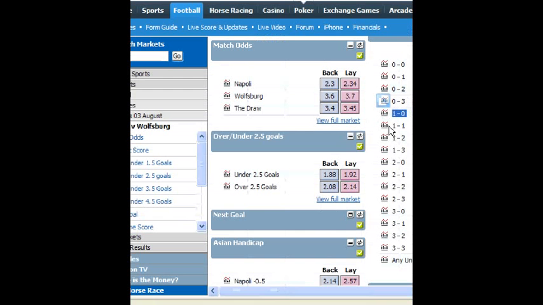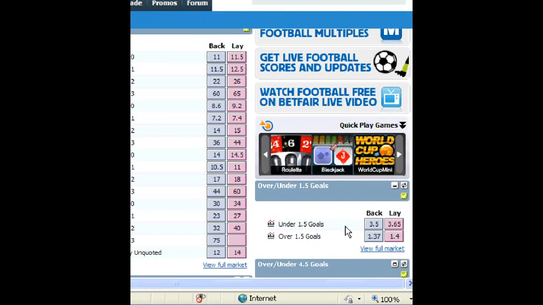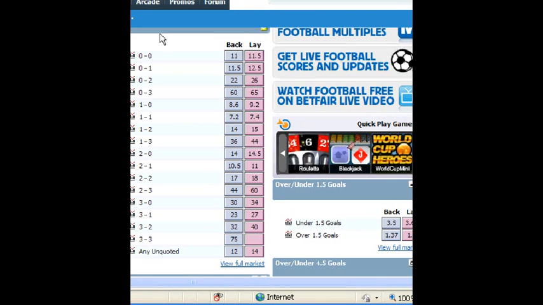Just go back to Betfair. Drag that across. That's the equivalent of under 1.5 goals, and we've got odds of 3.5. So if you were trading in correct score and you needed to get out quickly, you could bet under 1.5 goals, and that would be the same as betting 0-0, 0-1 and 1-0.